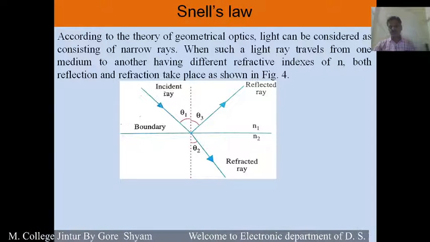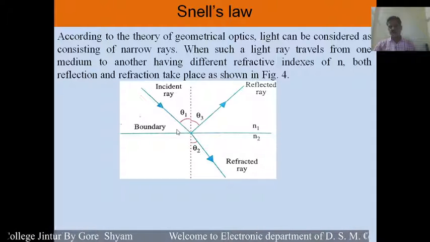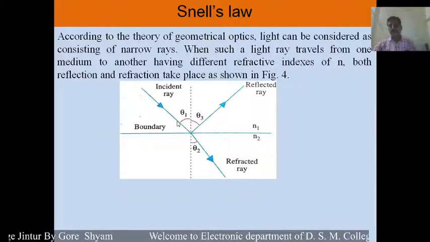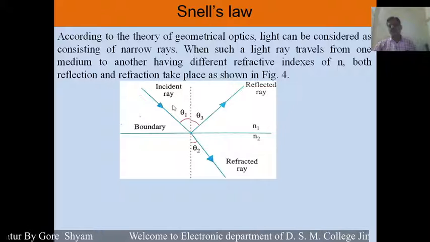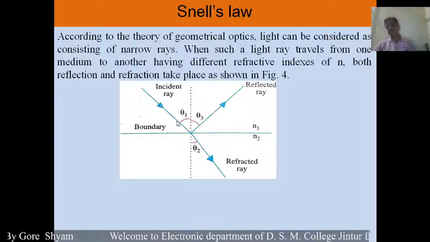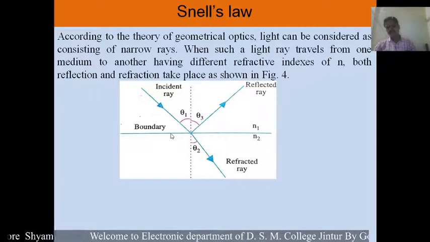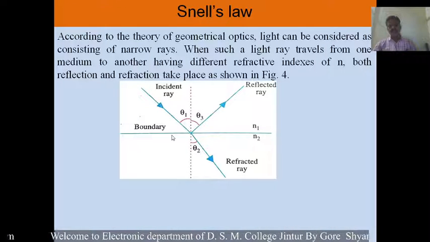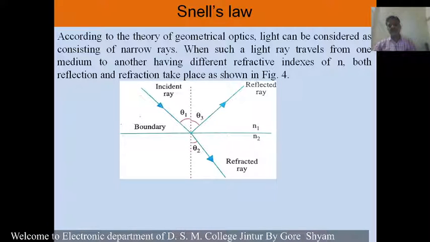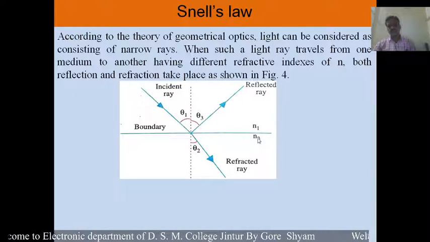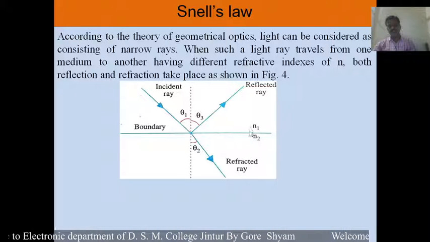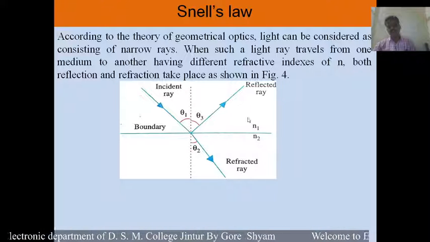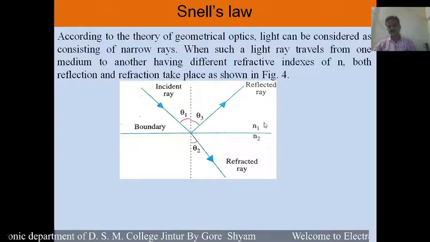Suppose the medium above this boundary is the rare medium, which has the refractive index n1, and below this boundary the medium is the denser medium, which has the refractive index n2. So these are the two refractive indices for the two different mediums.